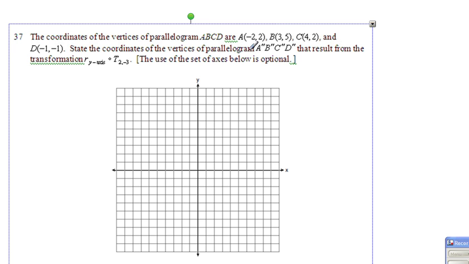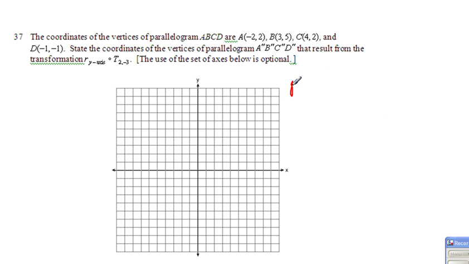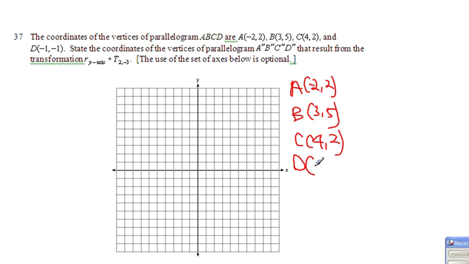Number 37. So we have 4 of them. State the vertices of that. So let's try to make a map, then we might be able to get it. So we have A, B, C, D. And then here we have -2, 2, 3, 5, 4, 2, -1, -1.